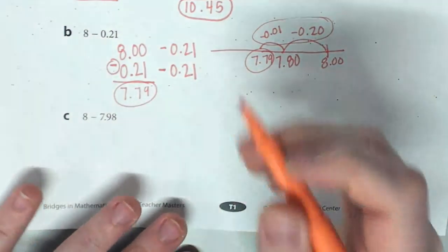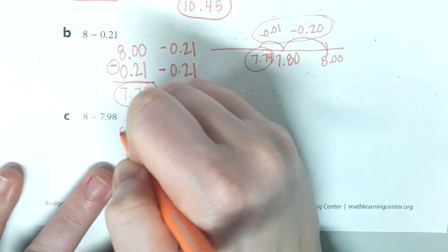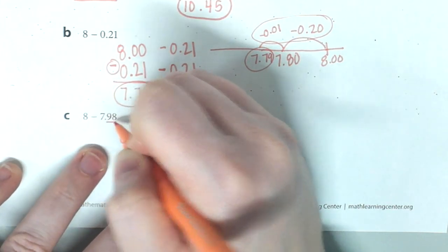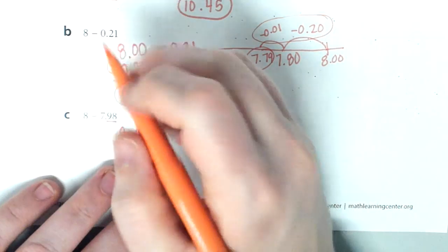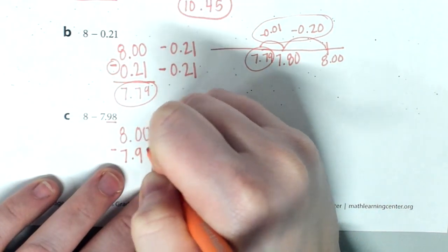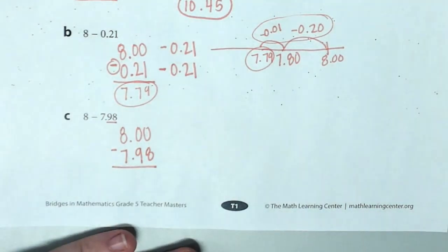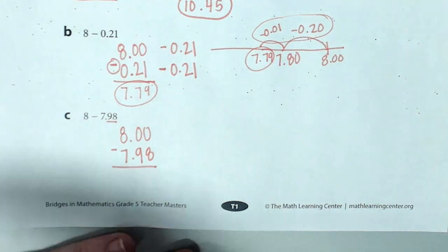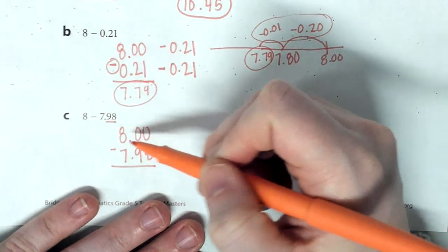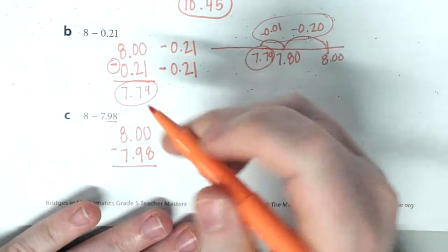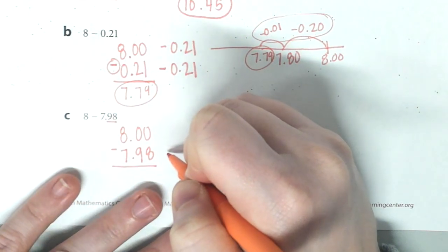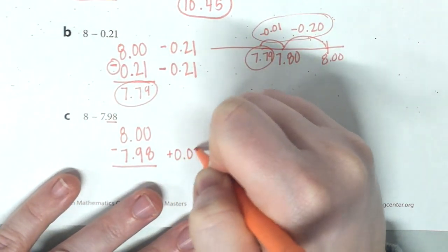Okay, down below, I'm going to stack it, but I'm going to balance it out. I need 2 digits after the decimal point. So $8 minus $7.98. Remember the trick? We want the bottom number to have 2 zeros, or to have all zeros if possible. In order to do that, I'm going to add 2 cents.